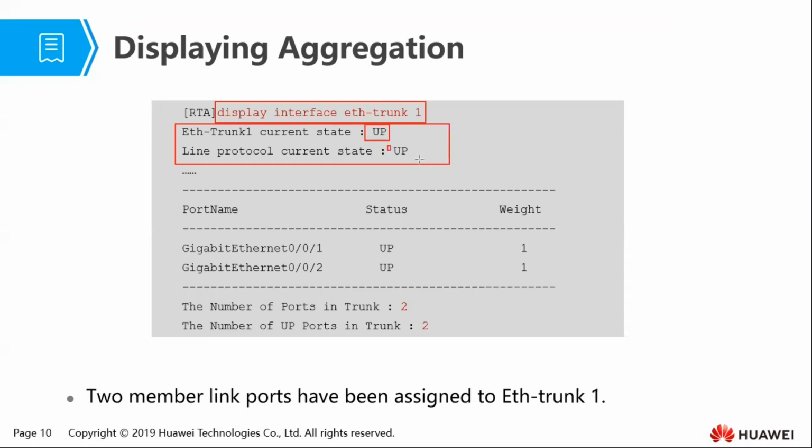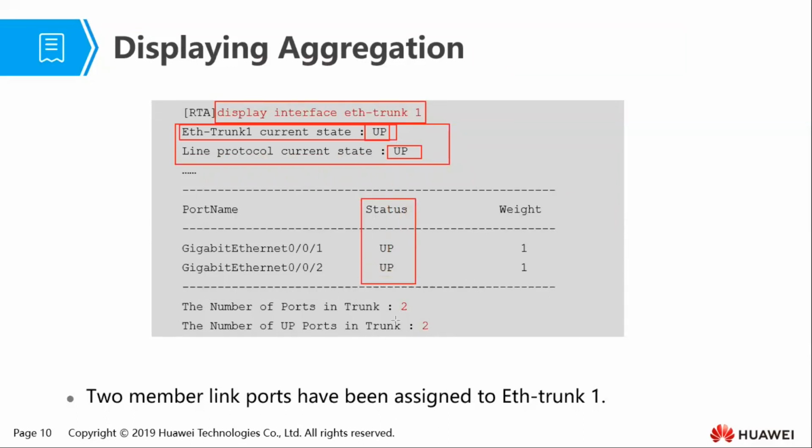The line protocol will be up if everything that is supposed to match is matching on both ends, like the speed, the duplex mode, both of them are layer 3 interfaces, and the other one.